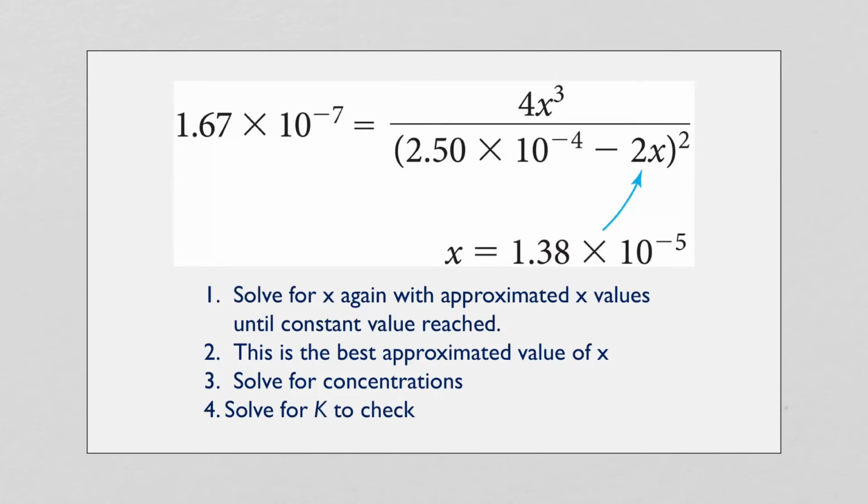And when you do that, you should come back with a value of x equals 1.27 times 10 to the negative fifth for x. So we can see that value's gone down a little bit, right? It hasn't stayed exactly the same.